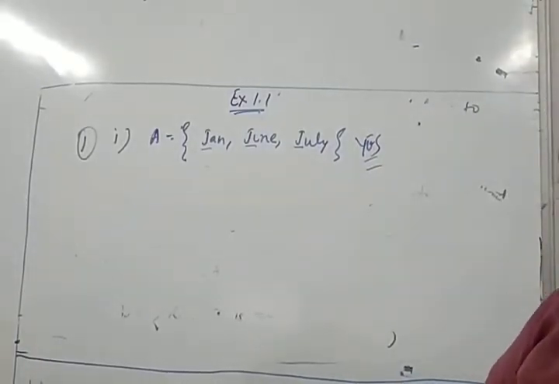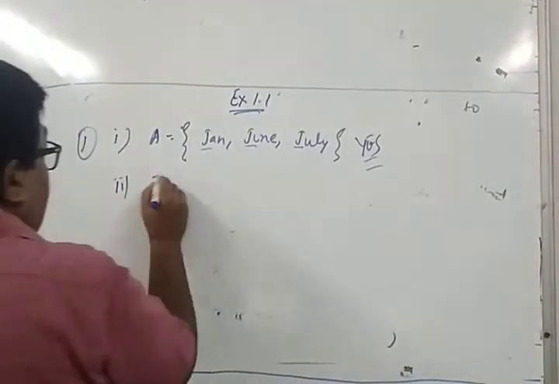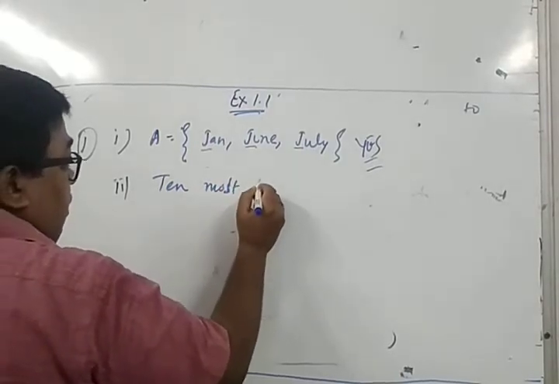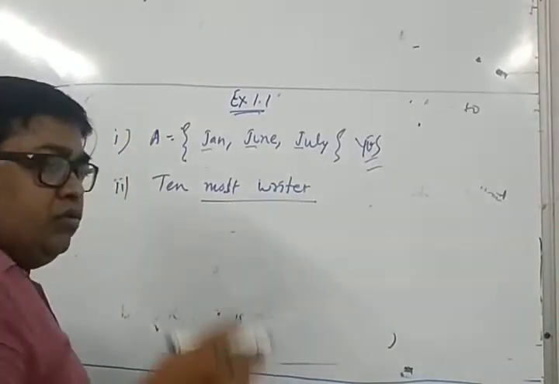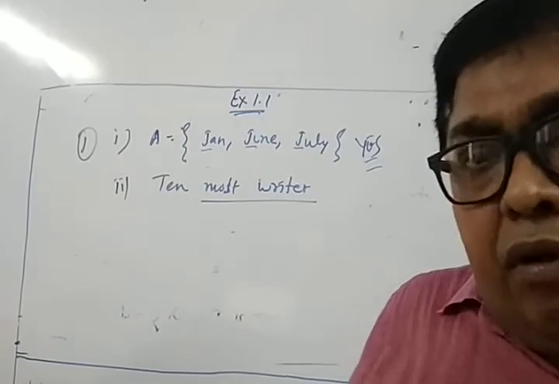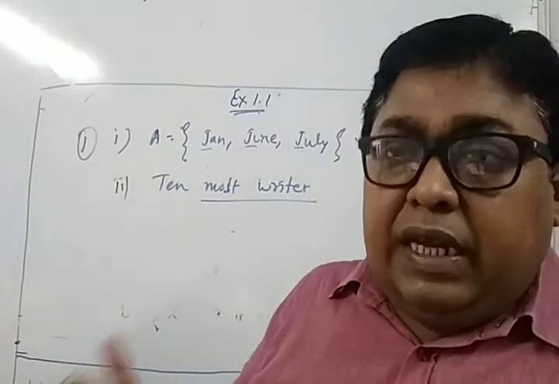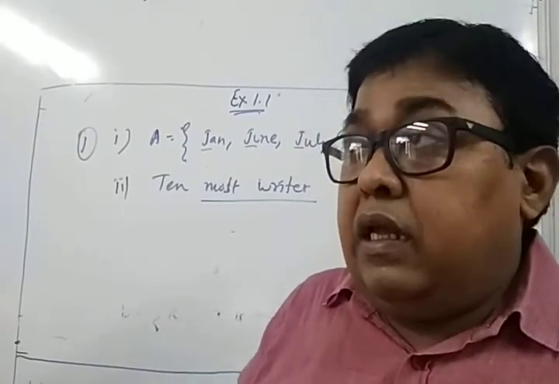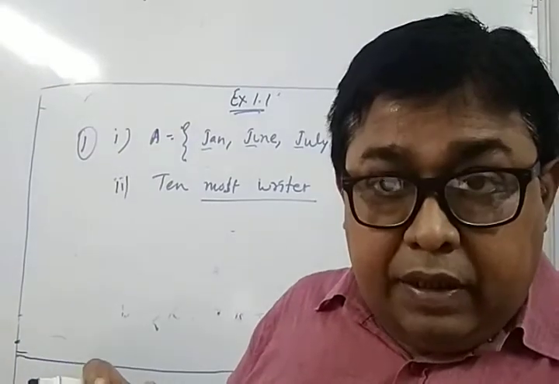Second, the collection of the 10 most talented writers. Here it varies from person to person. Whichever writer I like, such as Premchand, another person may like another writer, such as Shakespeare.